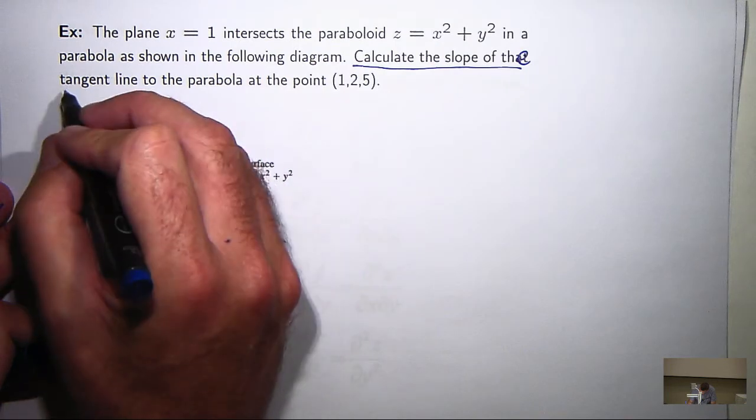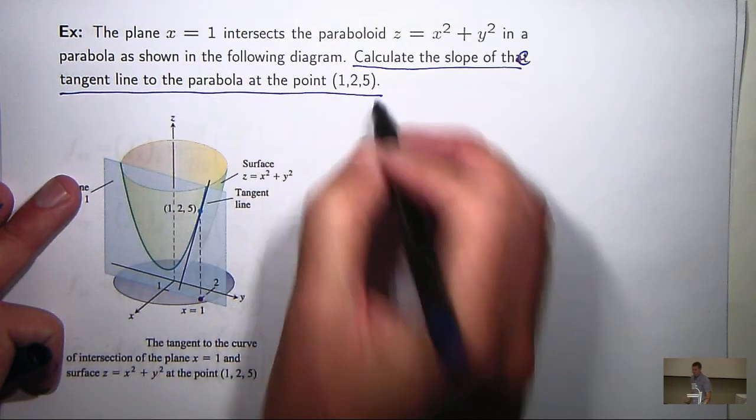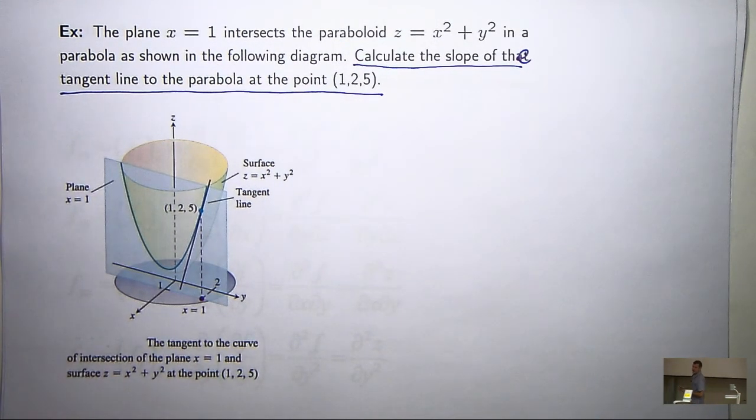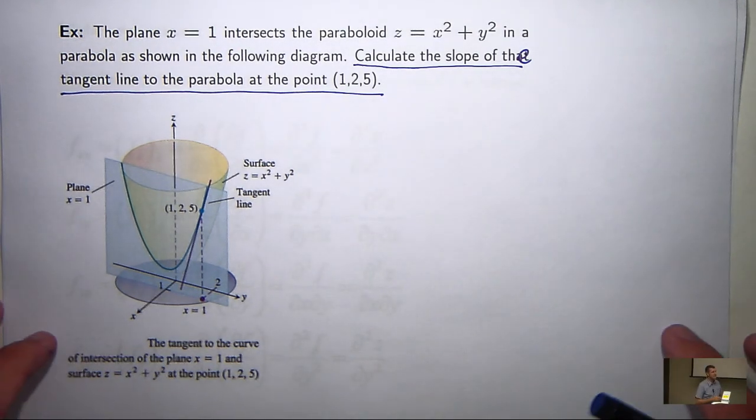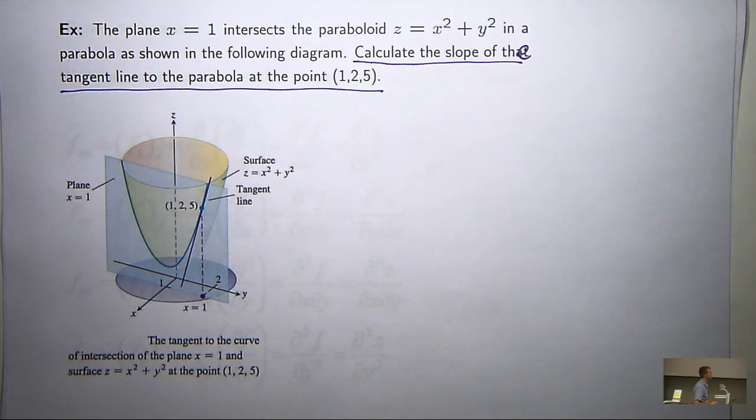This is a good question because it forces you to geometrically think about what you're calculating. It's not just, oh, I know how to do derivatives, yep, whatever. Can anyone tell me, are we looking for df dx or df dy here?